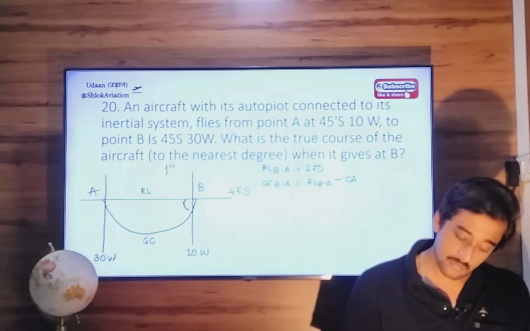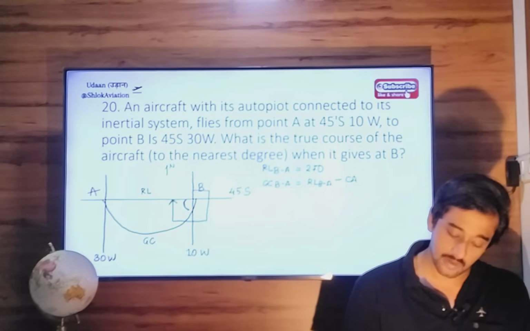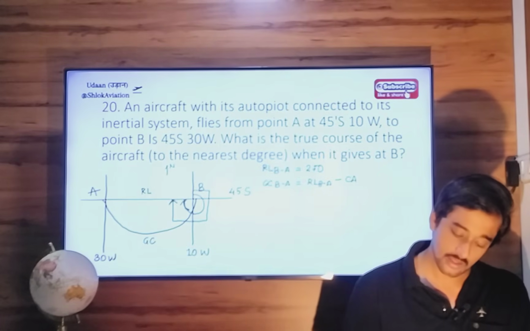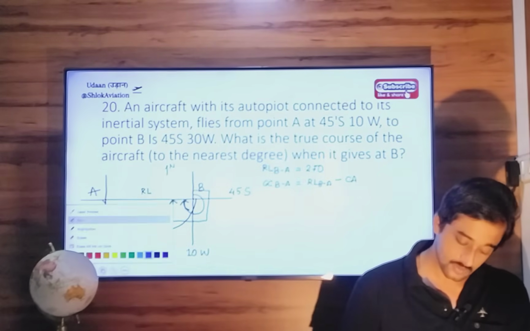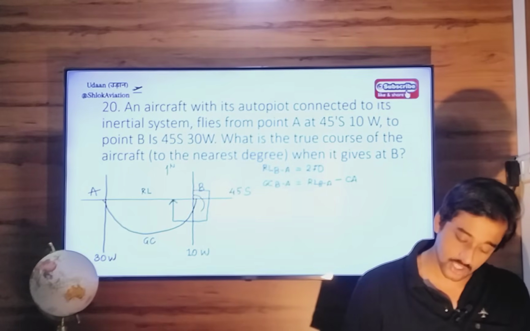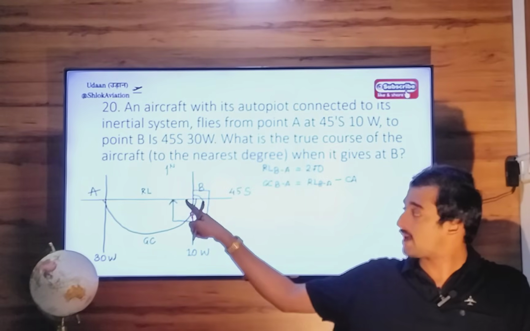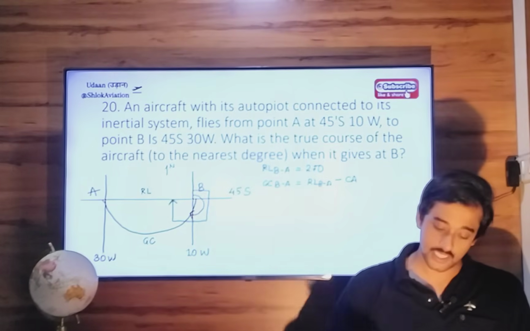The rhumb line B to A is this big value, so great circle B to A will be only this much: this big value minus this small part, which is the convergency angle.